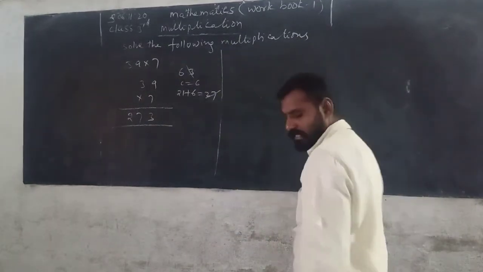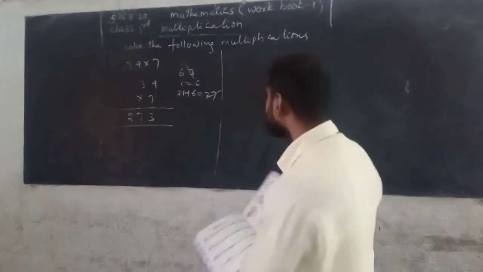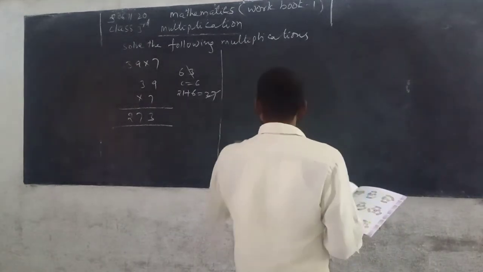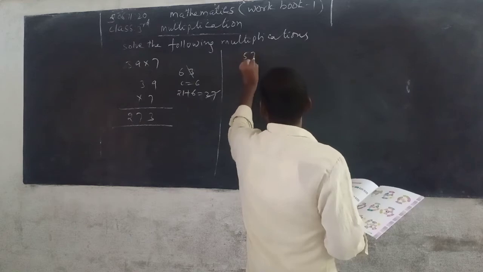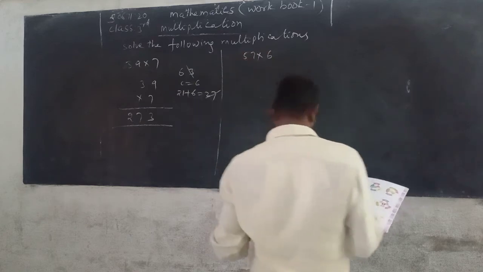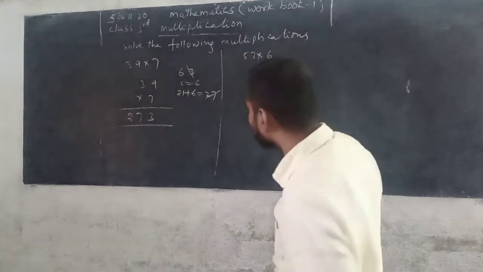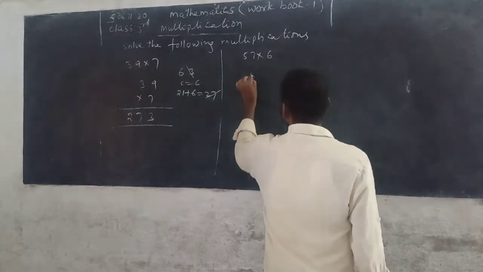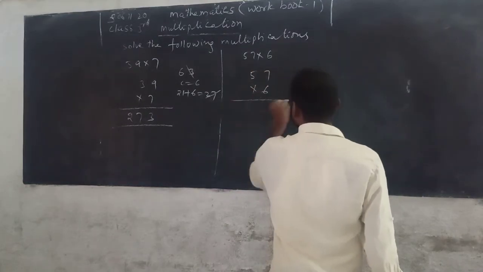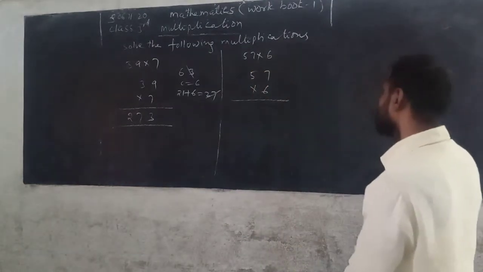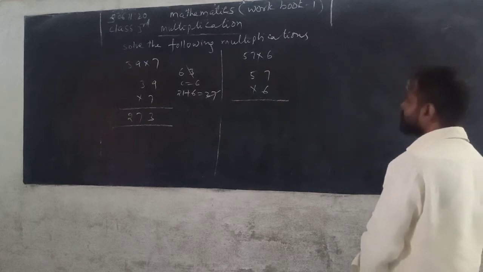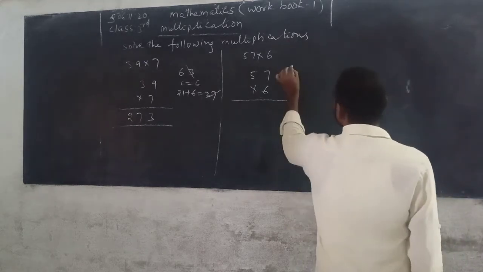Now next one is 57 into 6. Write the given number in column wise according to their places. First multiply the digits in ones place, that is 7 with 6. You can read 6 table. 6 7s are 42.